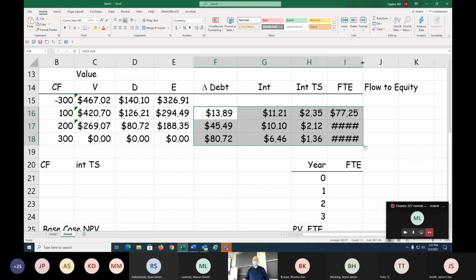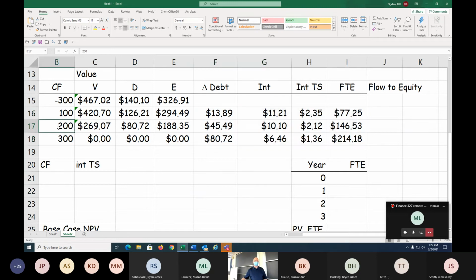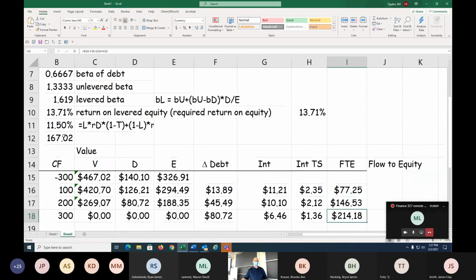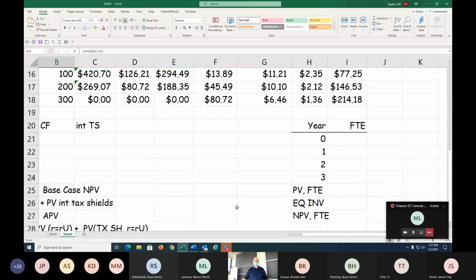What does that tell me? Second year, 200 after-tax cash flow, the shareholder sees 146. 300, 214 to the shareholder. And up here, we already know the NPV is 167.02, do we not? We've done that. Okay, there's another method.